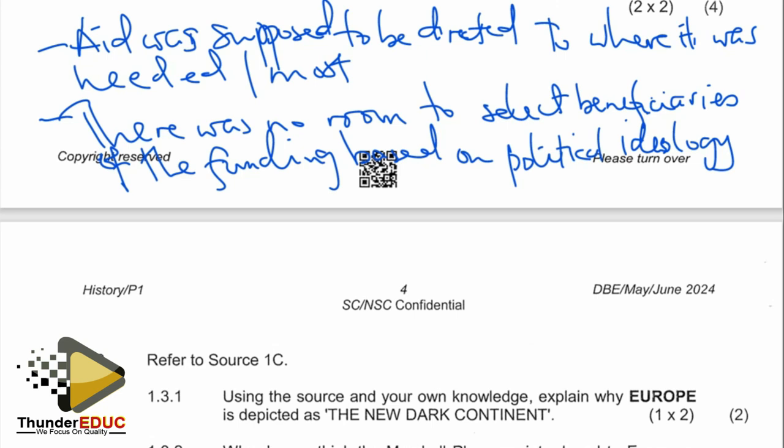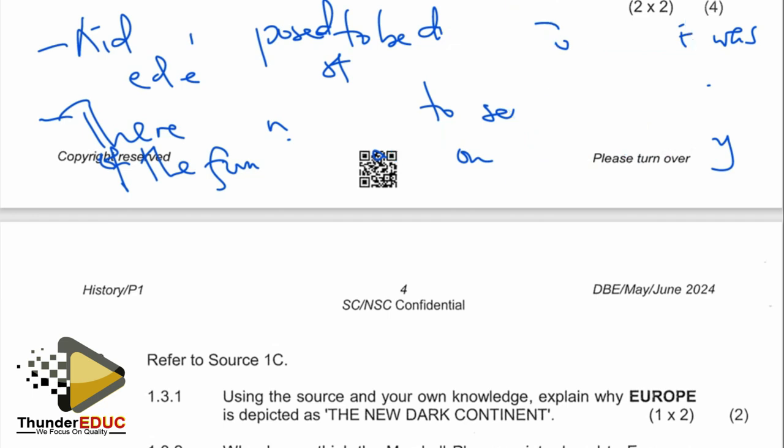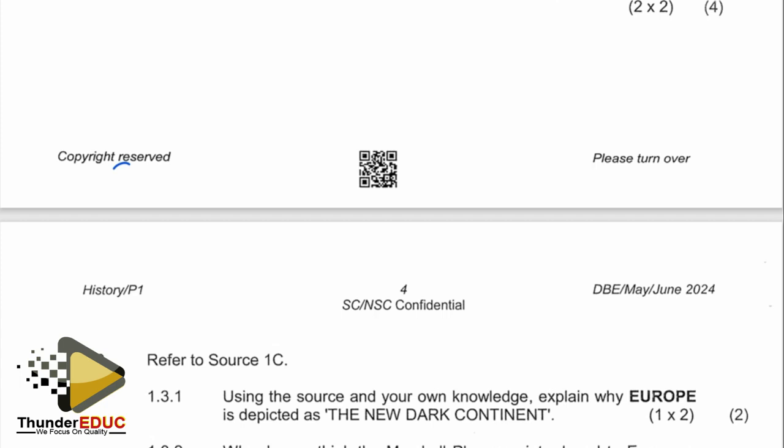Right, the next question is question number 1.3.1, which is based on source 1C. We need to analyze source 1C and check what the source is providing as information to the question that we have in hand.